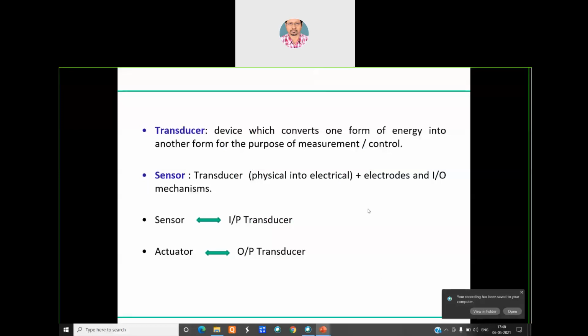Then, in continuation to this, we are now trying to classify the transducers. The transducers can be classified in 5 standard ways.